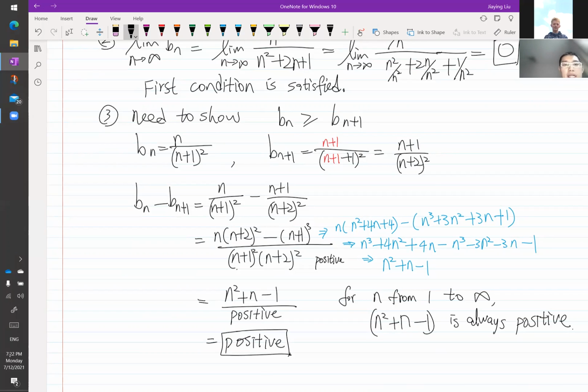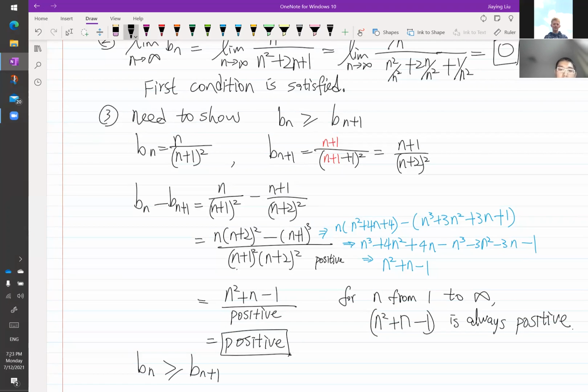If bn minus bn plus 1 is positive, we can conclude that bn is greater or equal to bn plus 1. It's actually strictly greater than, but we just write bn greater or equal to bn plus 1 without paying attention to the details there.